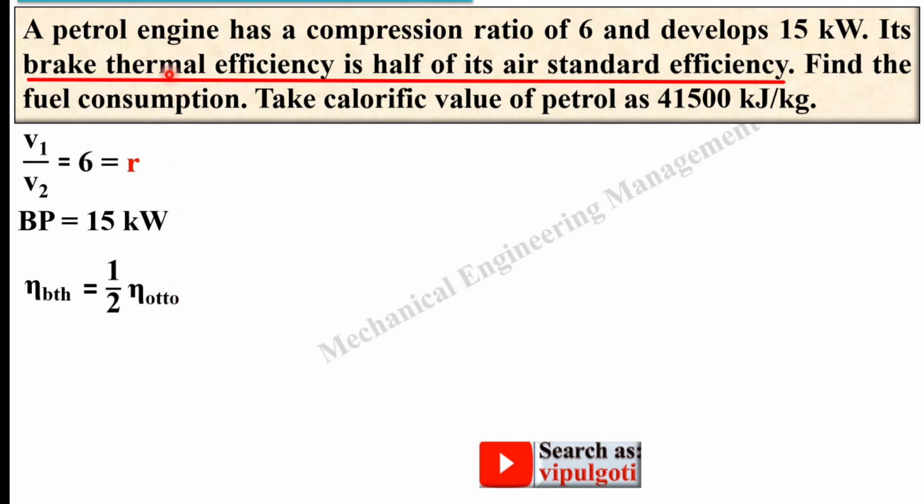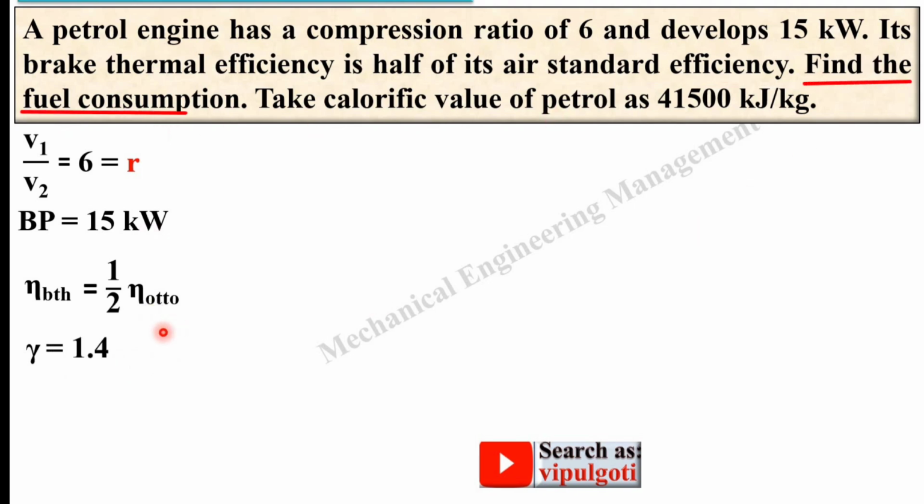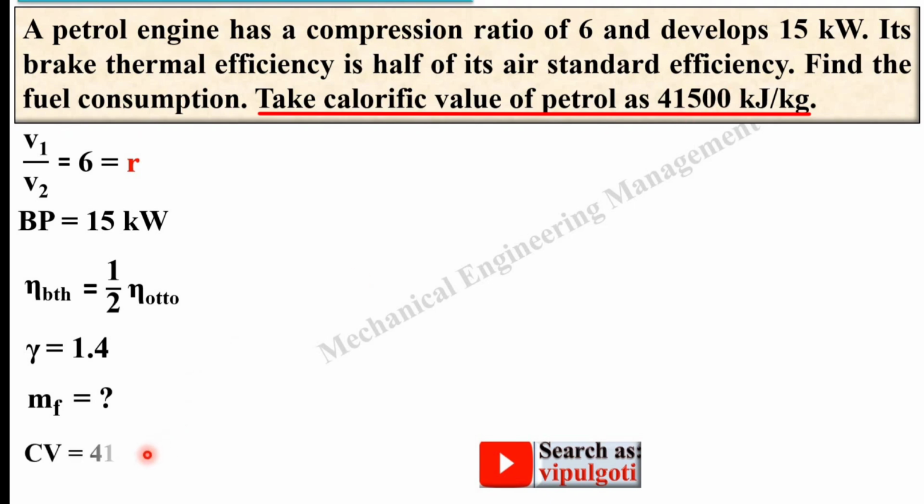So my dear friend, take care, petrol engine works on the Otto cycle, and so the air standard efficiency is eta Otto. Next, here it is air standard efficiency. So obviously you can assume gamma is equal to 1.4. Find the fuel consumption, means MF is equal to question mark. Take calorific value of the petrol as 41,500 kilojoule per kg, means it is CV.